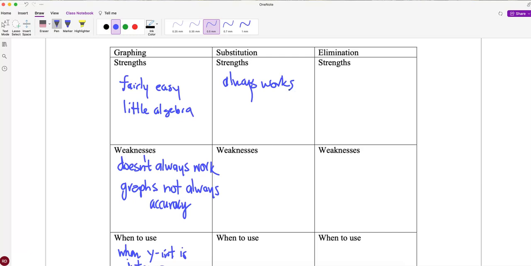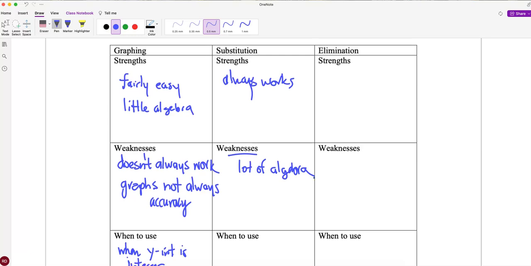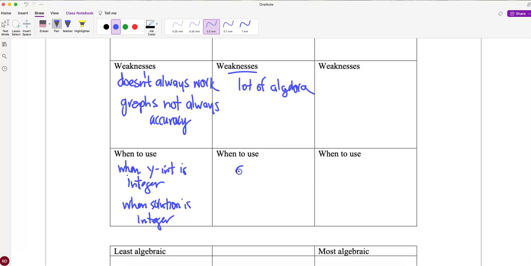One of the weaknesses of substitution is that it can be a lot of algebra. We could call that a fun thing, not a weakness, okay? When to use it: this can be used anytime, but I want to use it if I look at something and it's real easy to solve for one of the variables.